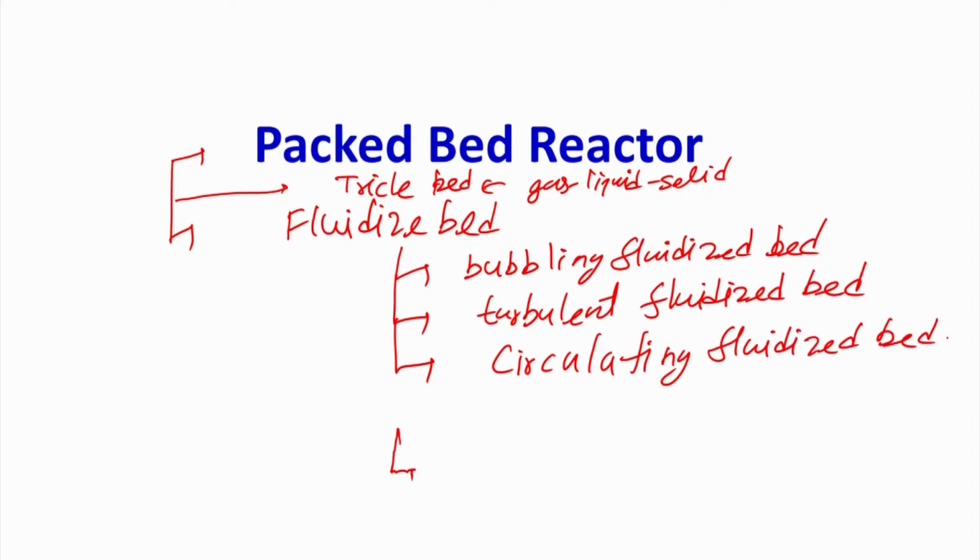There are several other classes, and we will discuss the regimes, but mainly it is divided into these 3 parts: bubbling, turbulent, and circulating fluidized bed.